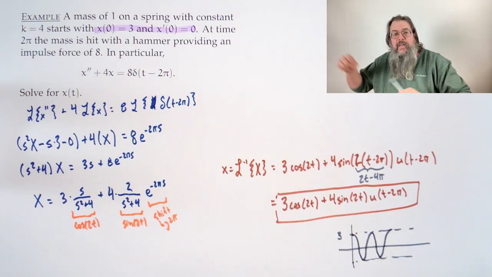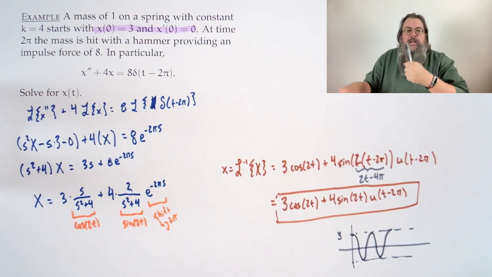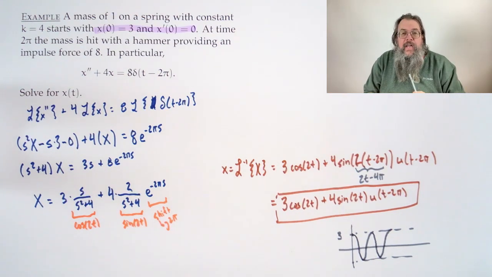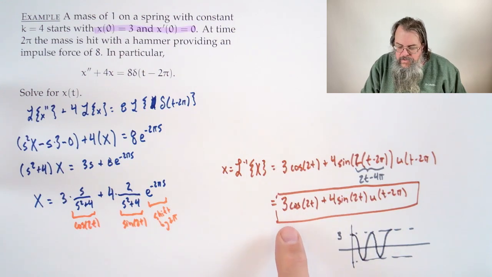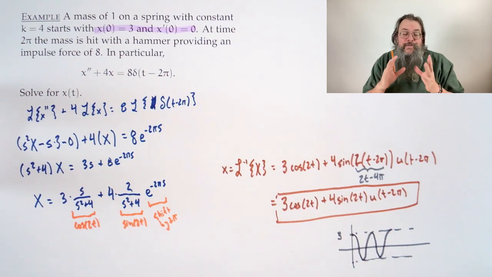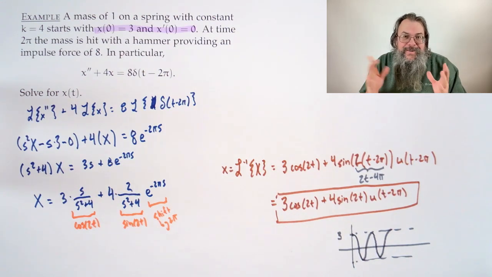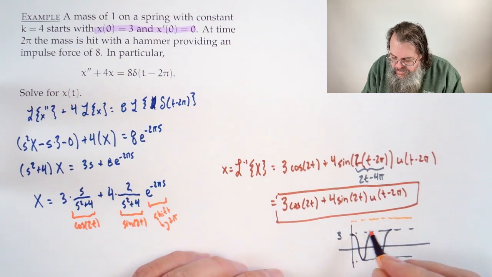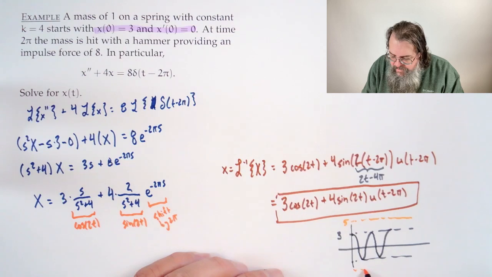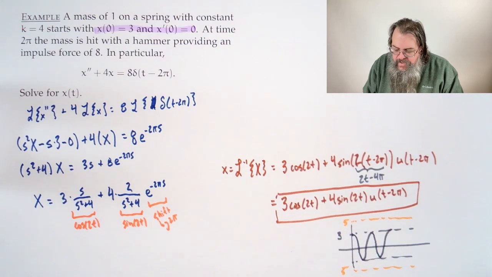And then what happens is you hit it, and so what's going to happen now is that it's going to cause it to bump up. And in particular, if you look at your 3 and your 4, it turns out 3 squared plus 4 squared is 25. So it's now going to go up to a height of 5, down to a depth of 5.